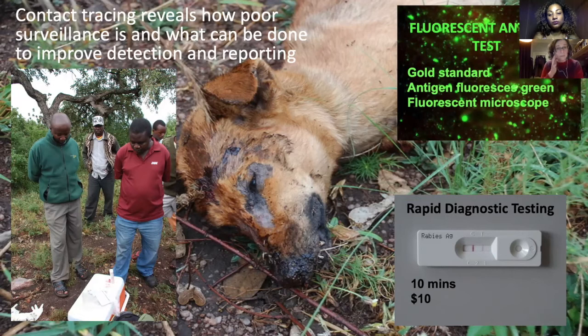But in terms of just improving case confirmation and getting rabies on the map, we think it's super important. And we know the technology is there to produce these in an accurate and standardized way. I think there's some work that needs to be done with regulatory authorities to be able to produce these at scale and with the right proficiency and sensitivity of these tests.